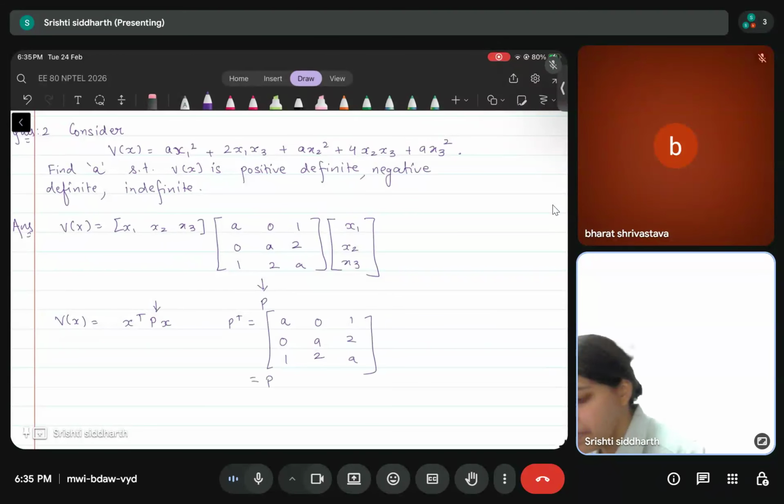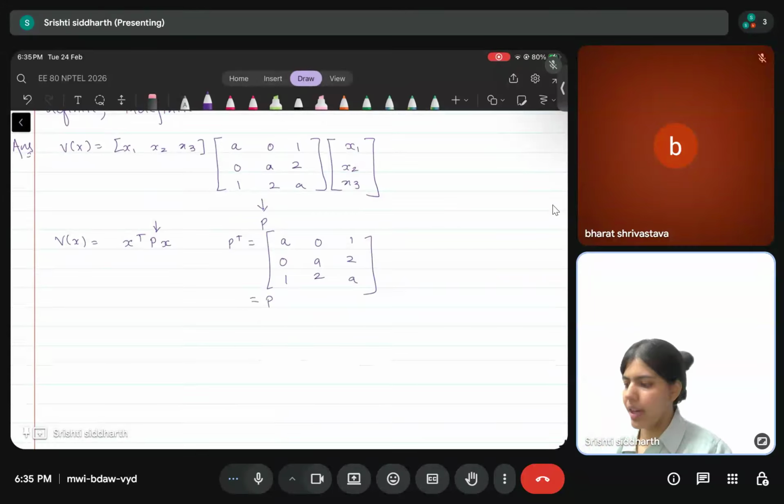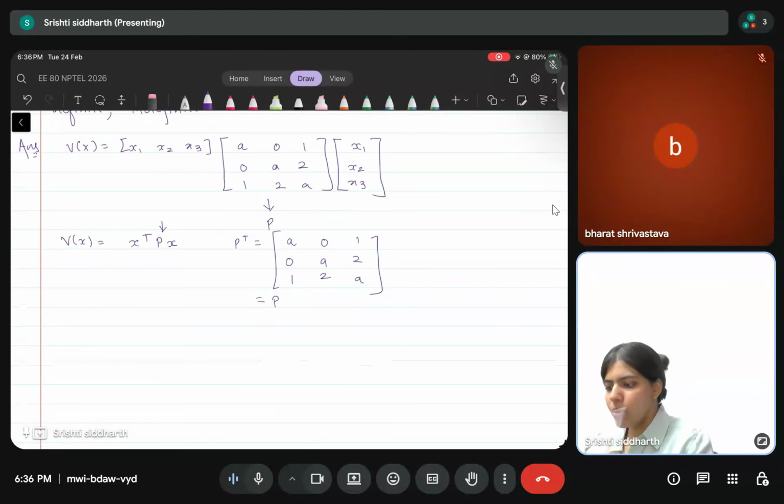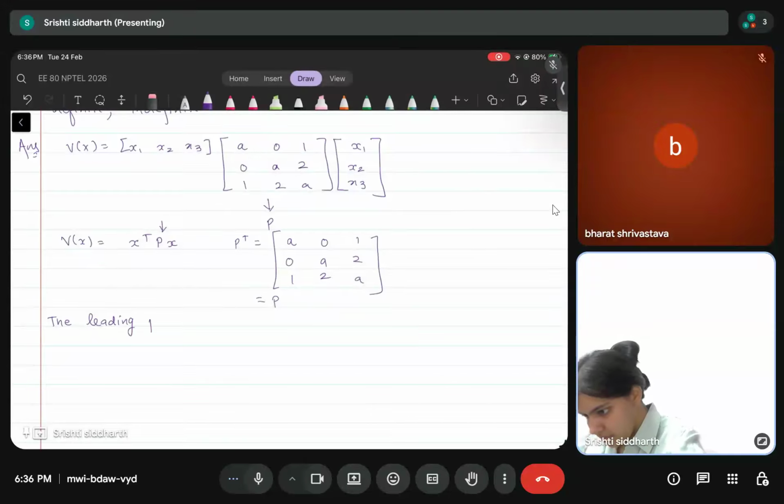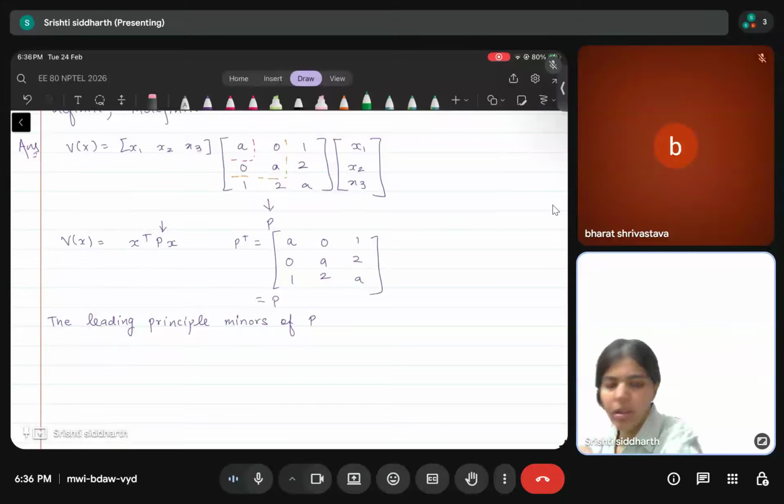This is equal to P. Alright, so now we can comment on the definiteness of P. To do that, we need to write down the leading principal minors of P. What are they? This is one, then the second one, and the third one is the determinant of the whole matrix.